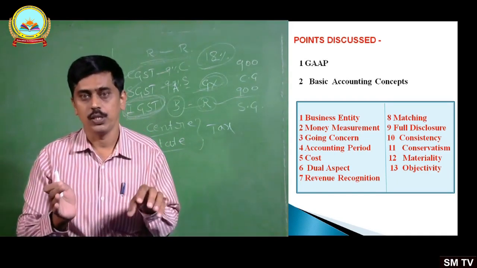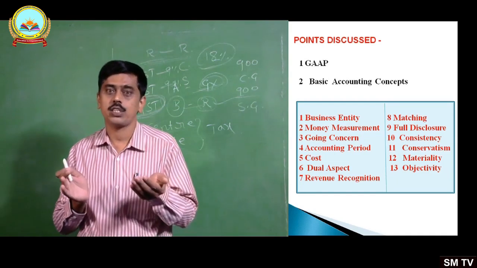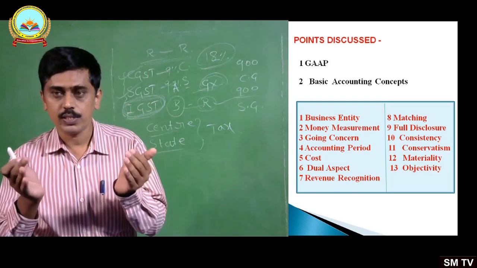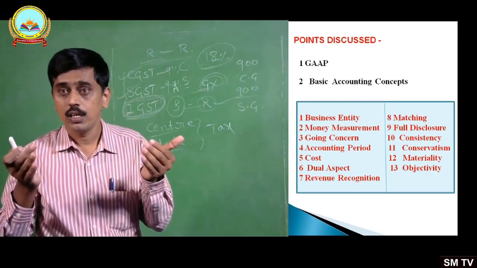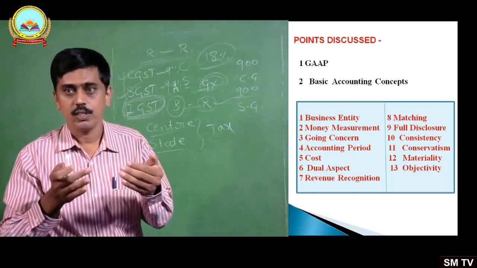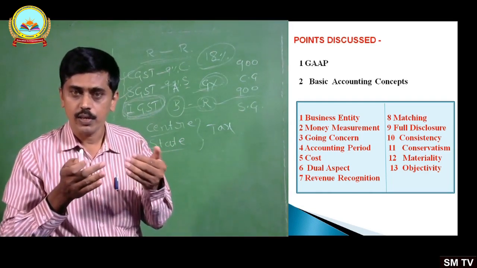Next, revenue recognition concept, which says that revenue is said to be recognized when it is earned, and even though it is not actually received, we have to consider it as revenue.